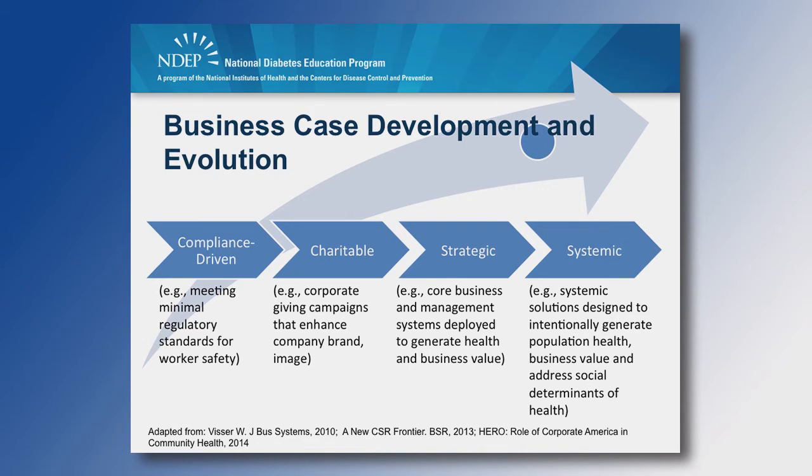At the very left is the lowest level. Years ago, employers engaged in community health from a compliance-driven approach. But to the right of the evolution, we see businesses actively engaged in healthy community efforts that benefit the community, but also, as Ron clearly showed us, drive or enhance business performance.